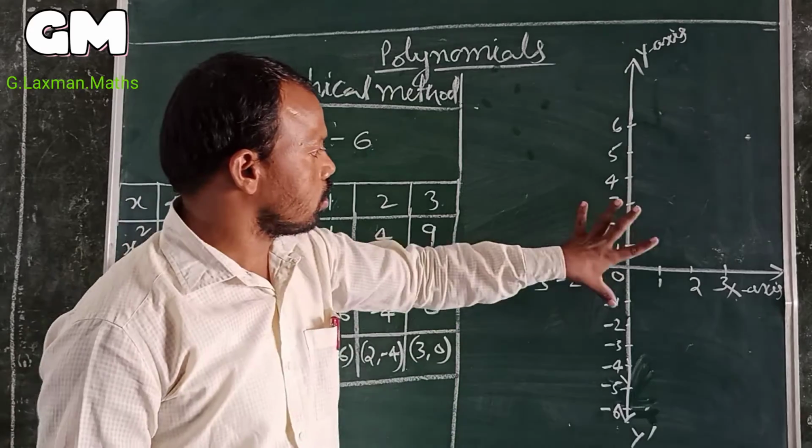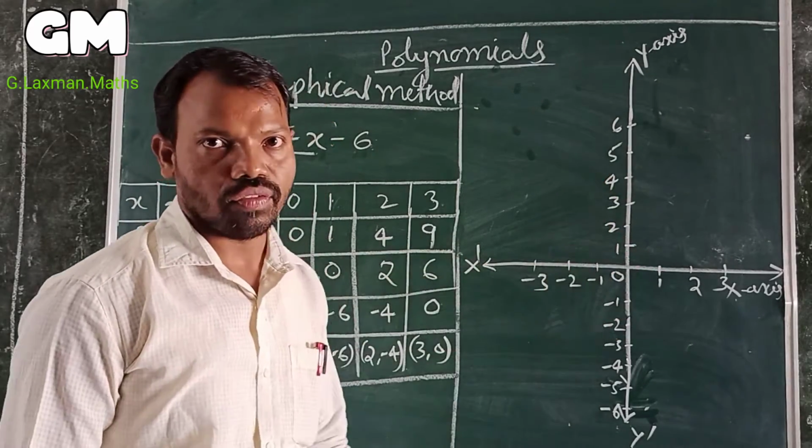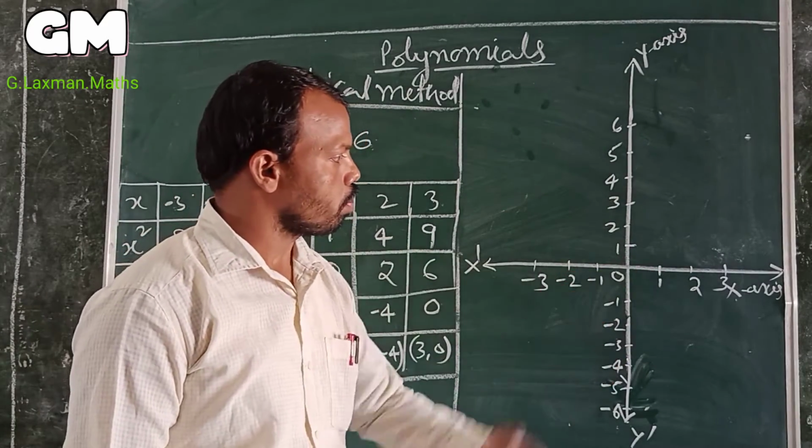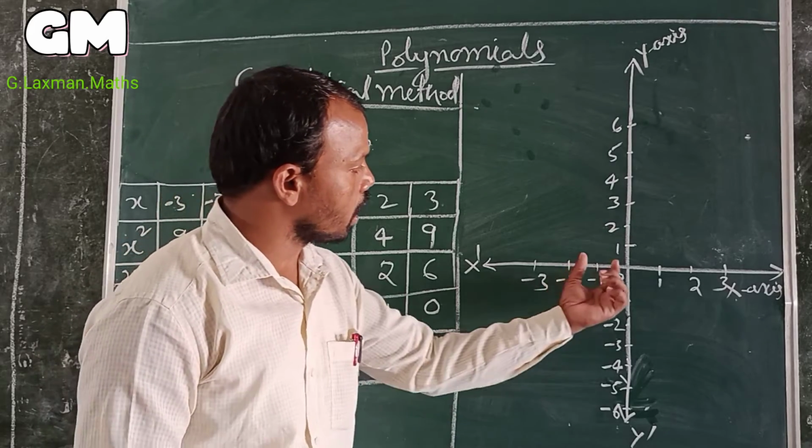We use only the graph for this, and we plot these points on the graph. Each point is at an equal distance.